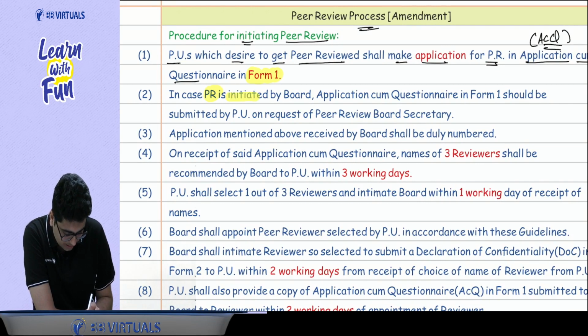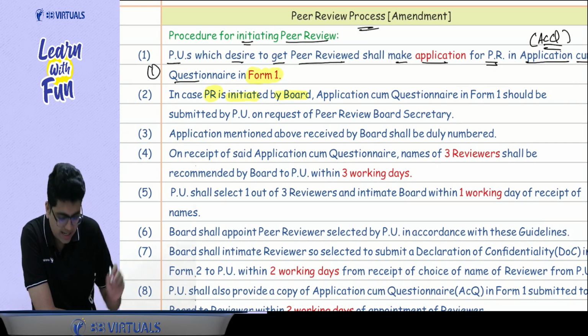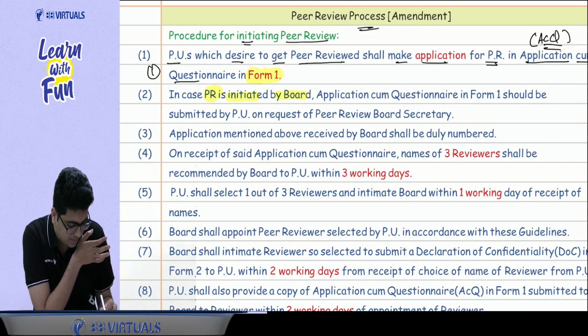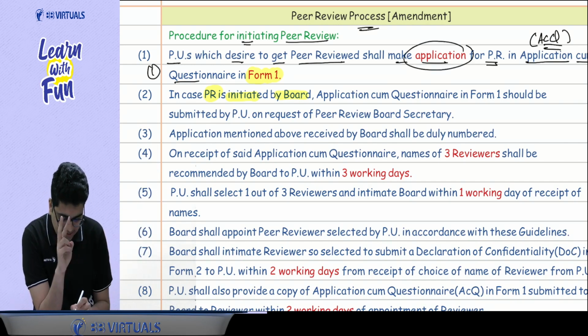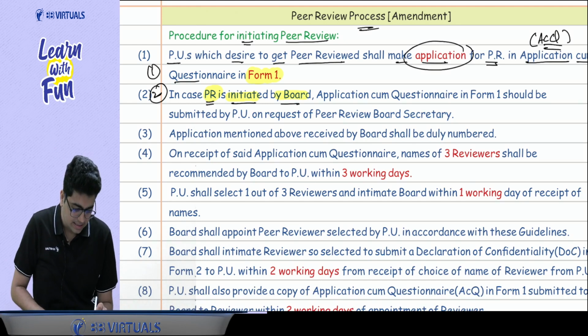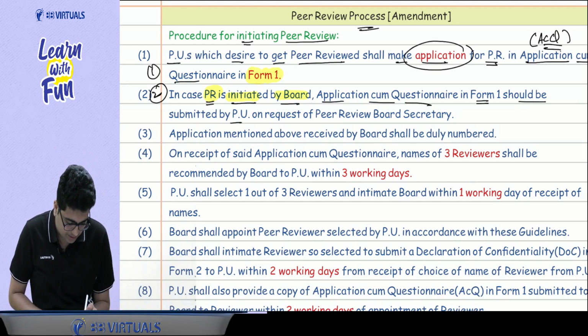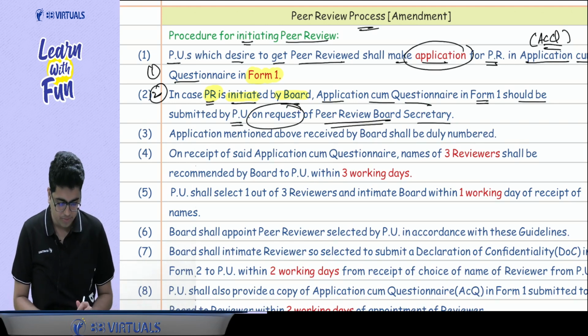In case the peer review is initiated by board. So the first option is they are getting it done suo moto, so they are making the application on their own. The second case is the peer review is initiated by the board. Then in that case, ACQ in the form number 1 should be submitted by practicing unit on the request of the peer review board secretary.